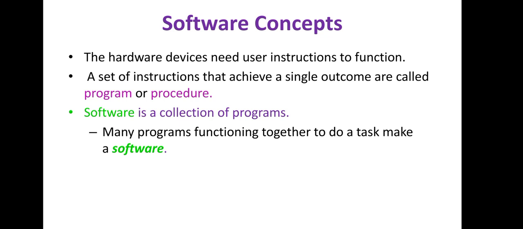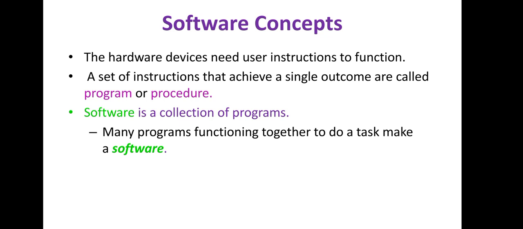A set of instructions achieving a single outcome is called a program or procedure. If we want to perform certain things, we have to give some instructions to the computer. Those instructions generally we call a program.